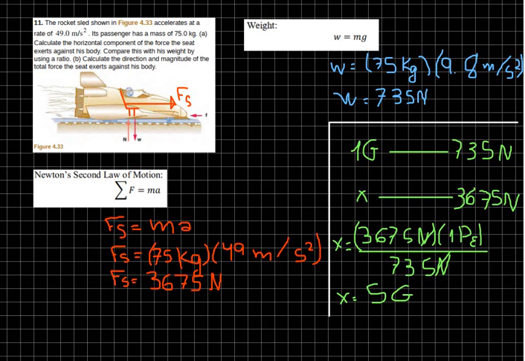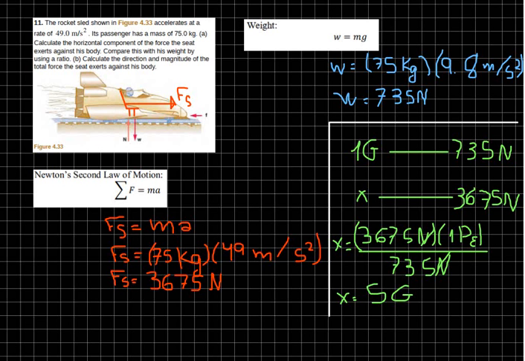Remember, the first thing we did was calculating the force that the seat is exerting on the passenger's back with Newton's second law of motion. Then we calculated the weight to know the G forces that would produce this force on his back.